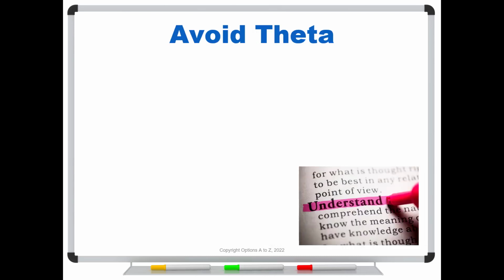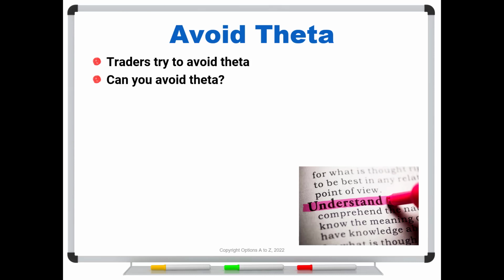But the problem becomes when traders try to avoid theta. And again, usually they do this because they think that it's a risk. You hear a lot of people talking about this: I just want to figure out how to avoid theta. Well, think about it. Can you really avoid theta? Or is there a trade-off?